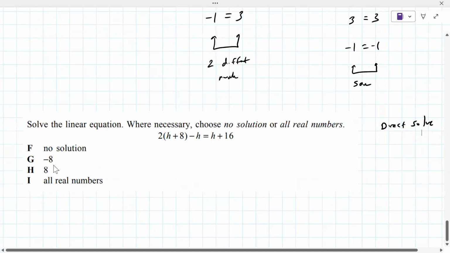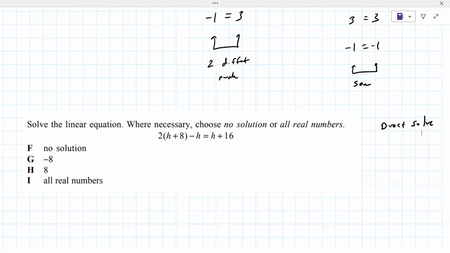If you try the numbers and they don't work, you still have to go back and solve. So I think there's more benefit to direct solving it from the beginning. But I'll leave that choice to you here. Go ahead and give this one a try, please.